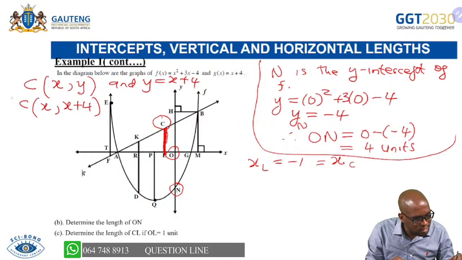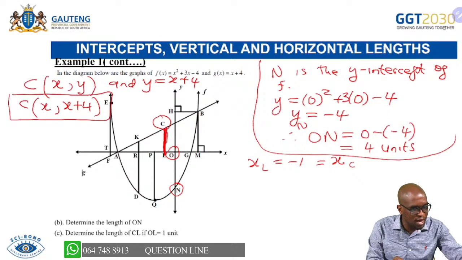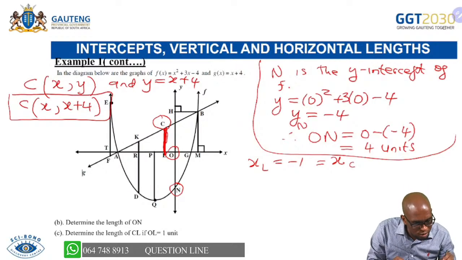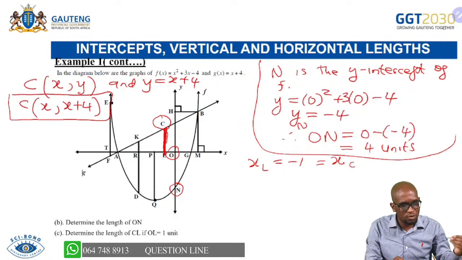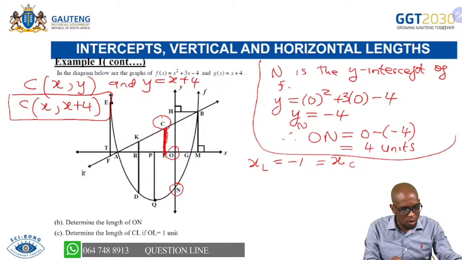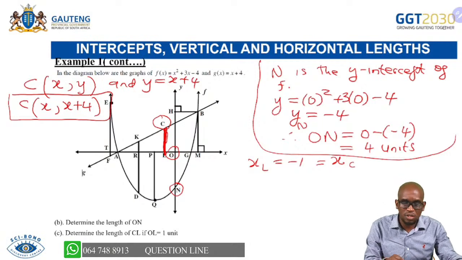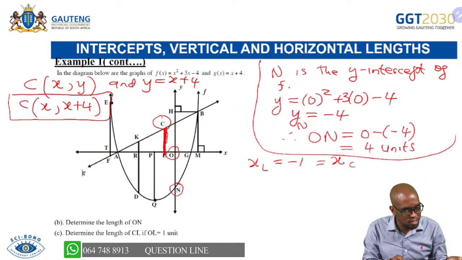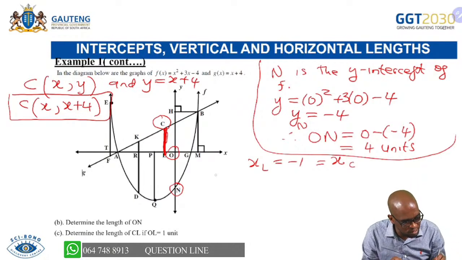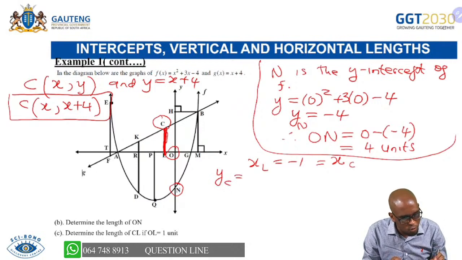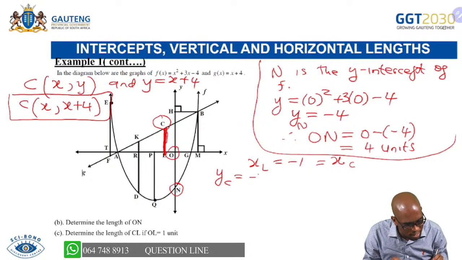Remember, I said the coordinates of C are given by x, x plus 4. So we know the value of x at C. We want to find out the value of y. How are we going to work that out? We substitute the value of x into the equation of the function where C lies. In this case, C lies on the straight line, which means y at C will be given by, where I see x, I'm going to substitute it with -1. -1 plus 4.